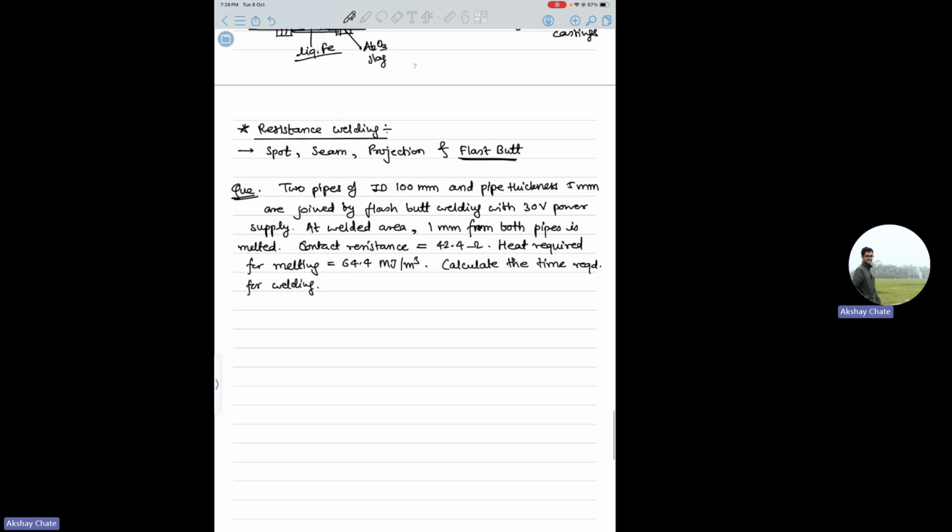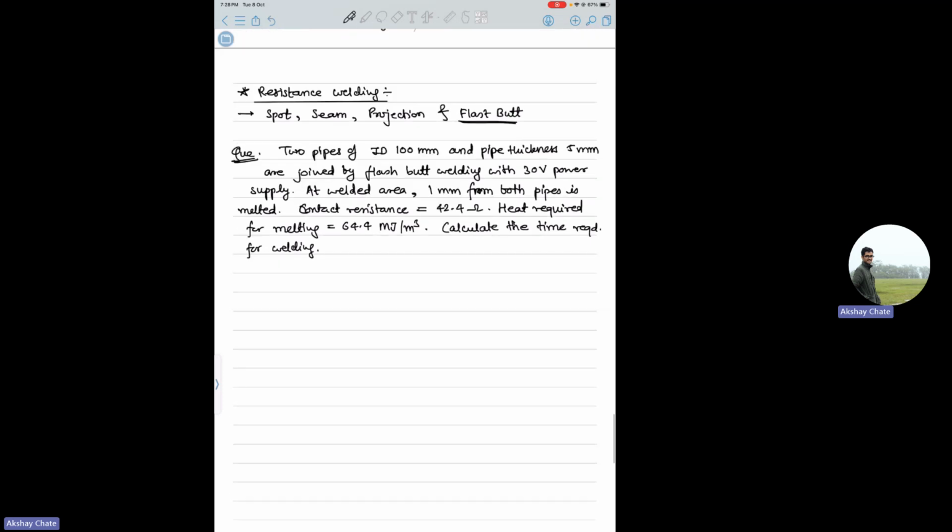If you don't know what flash butt welding is, you'll be stuck in these kinds of questions. In flash butt welding, there are two pipes with ID and OD like this, and you have a power source here, a 30-volt power source.